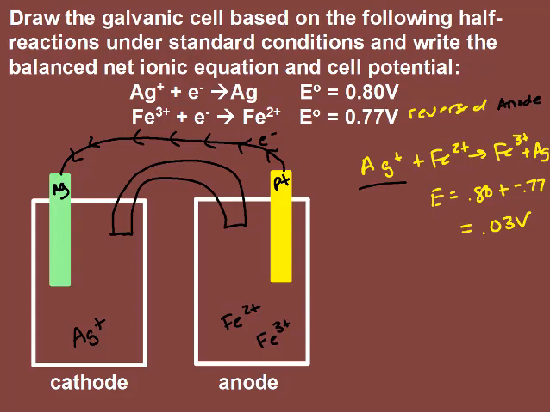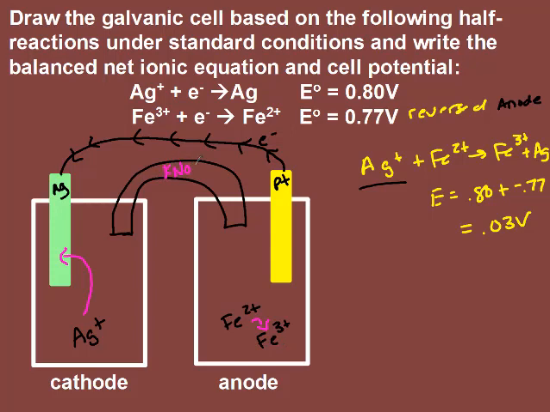Next, I need to draw which way my ions are going. So I'm going from silver ion to silver metal. So my silver electrode should be increasing in mass. And I'm going for iron +2 to iron +3. That's technically occurring next to the platinum, but the platinum's not changing in mass because I'm only converting from an ion to an ion.